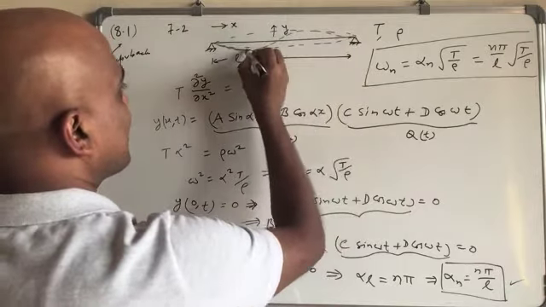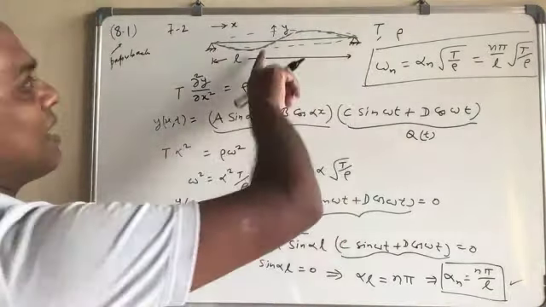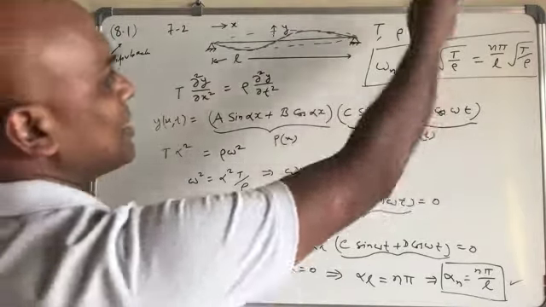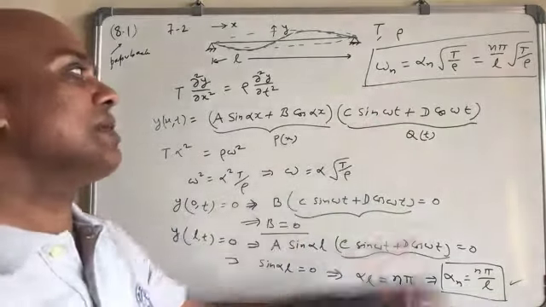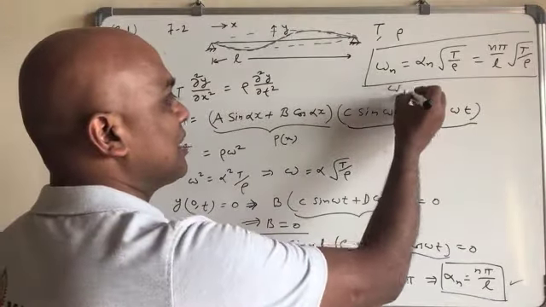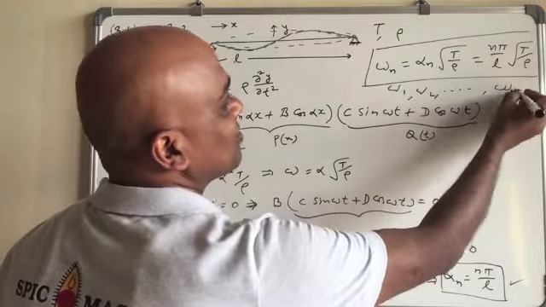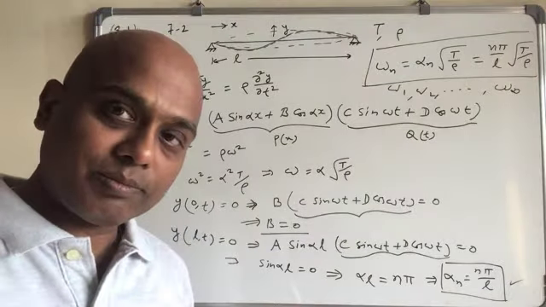And so on, we'll have three nodes, four, five, depending on n. So the frequencies will be omega 1, omega 2, omega 3, up to omega infinity, because this is a continuous system, so it has infinite degrees of freedom.